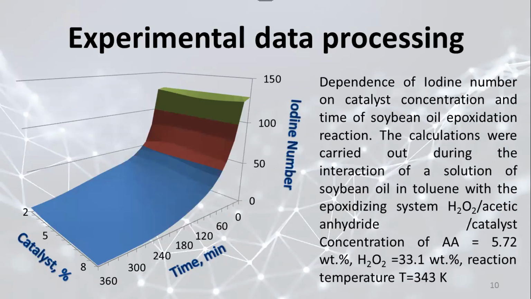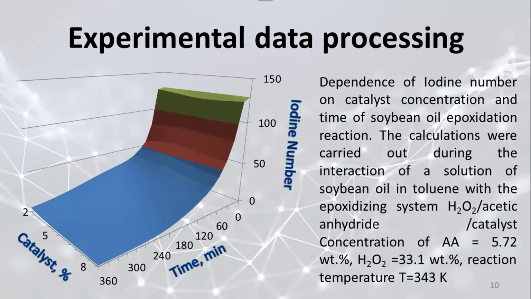This slide shows the dependence of iodine number formed as a result of experiment, which is predicted to be formed as a result of training on a sample set of experimental data. Dependence of iodine number on catalyst concentration and time of soybean oil epoxidation reaction. The calculations were performed at the values of the concentration of input substances for the corresponding temperature and presented on this slide.